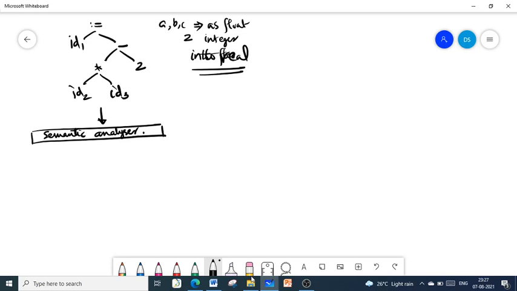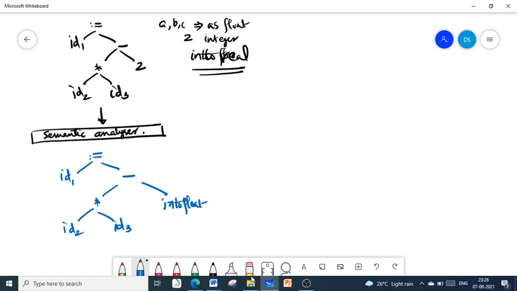So we can draw the output like this: equal to, id1, minus, star, id2, id3, and here int to real, that is, integer to float. So this is a type conversion.